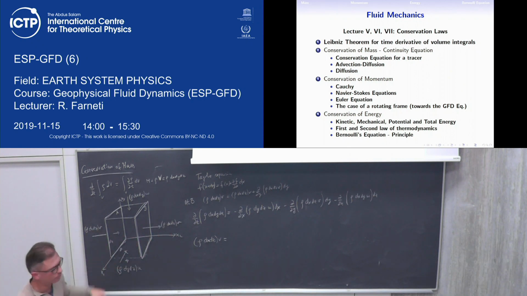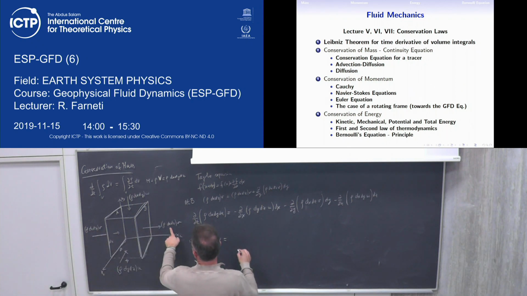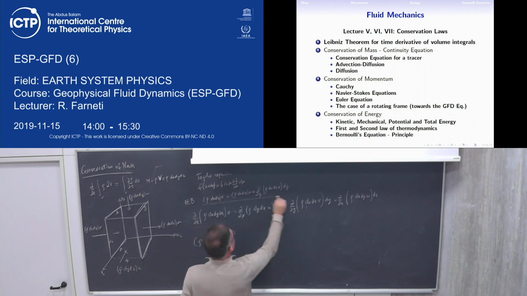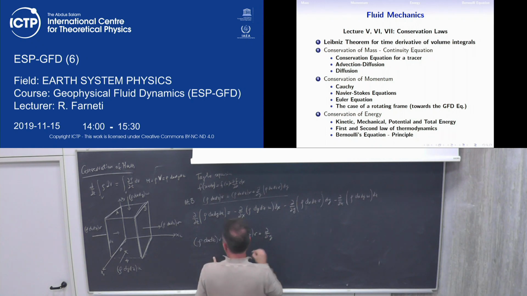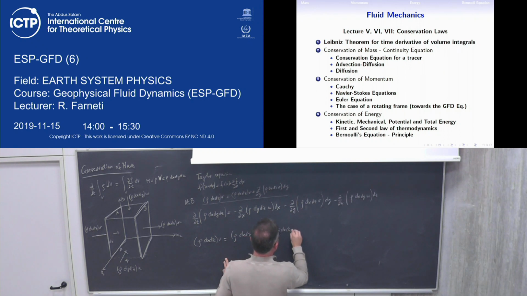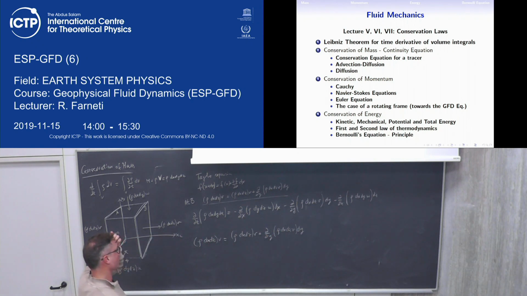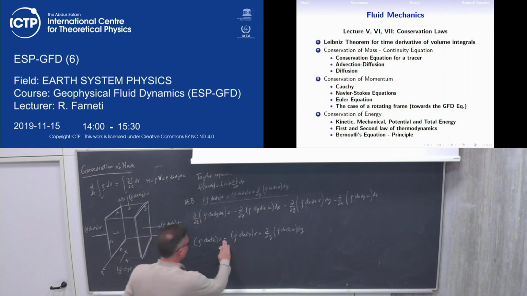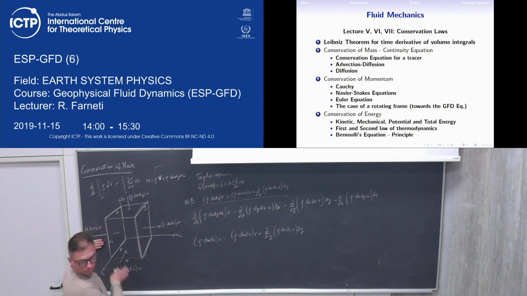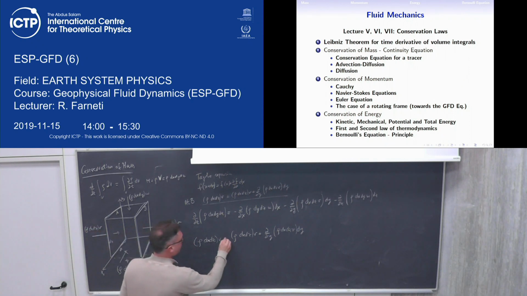What goes out is rho dx dz v plus whatever happens in the y direction, rho dx dz v dy. So it's not equal. So it is in minus out.